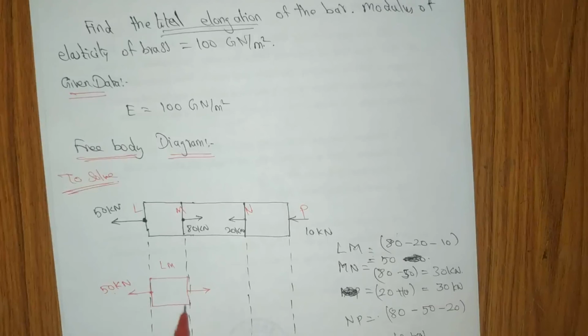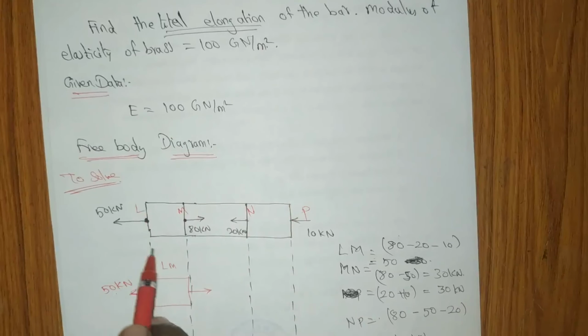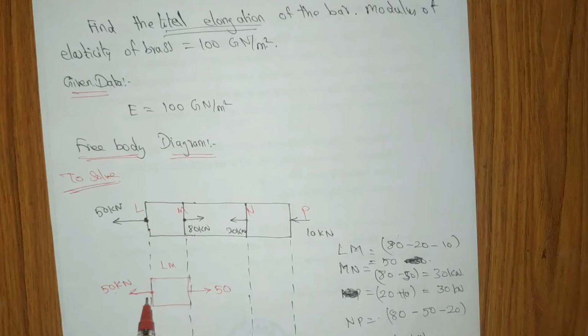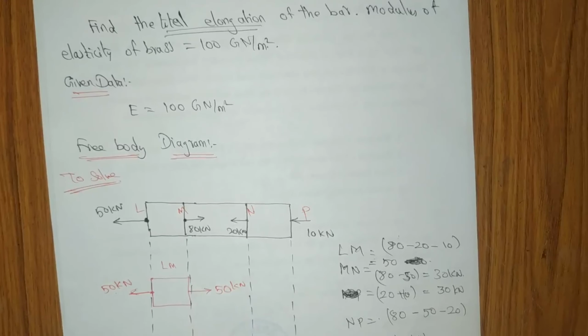It should be in equilibrium, so if this side is 50, this side will also be 50. So the load acting on the LM element is 50 kilonewton.